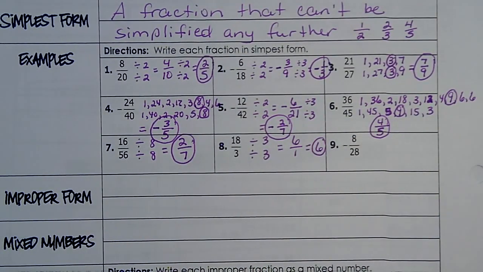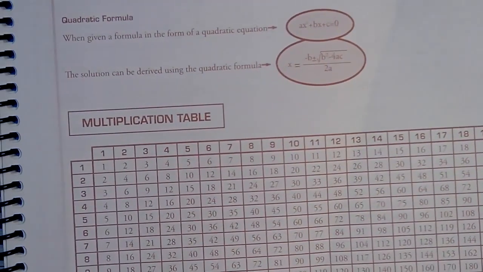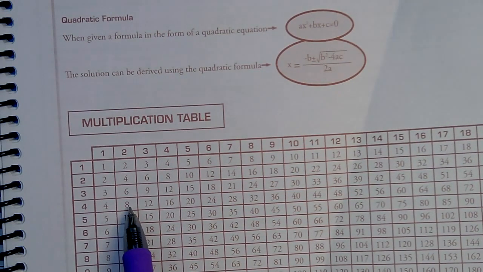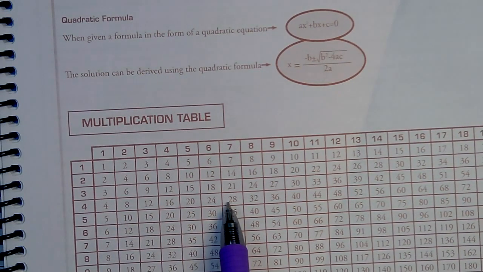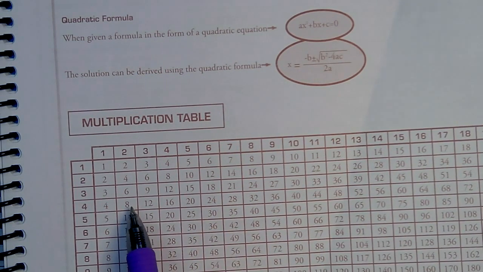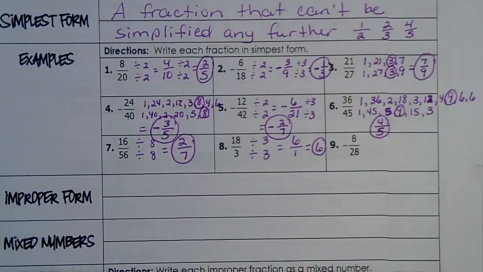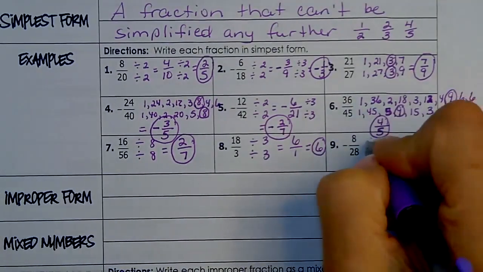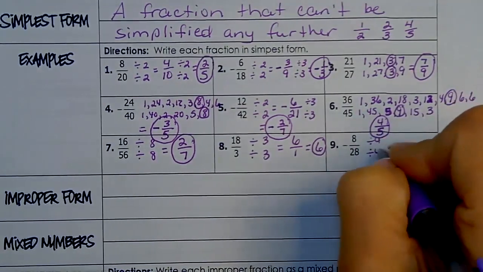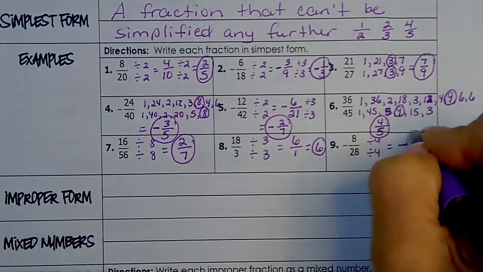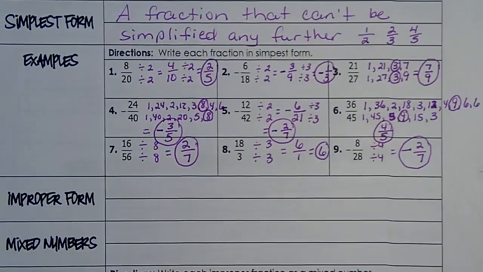All right, number 9, 8 and 28. So I'm going to look for an 8 and a 28. Here's an 8, and here's a 28. So 8 and 28 have a common factor of 4. So I'm going to divide the top and the bottom by 4. And I get -2/7.